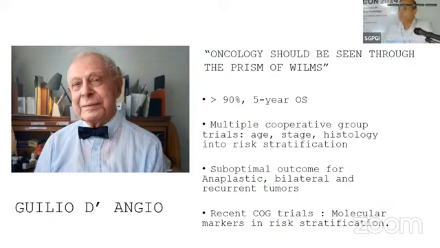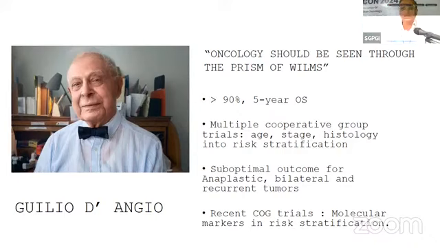But still, there are certain problems. The outcome is suboptimal in anaplastic Wilms tumor, bilateral Wilms tumor, and recurrent Wilms tumor. And there are problems related to chemotherapy-related toxicity. To overcome these issues, the COG has recently incorporated molecular markers within the risk stratification.